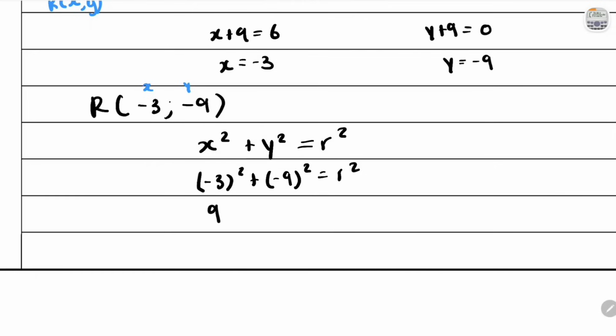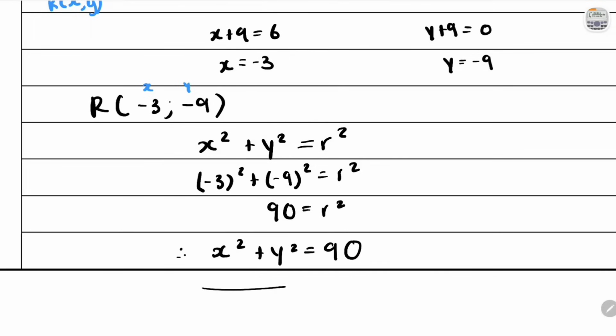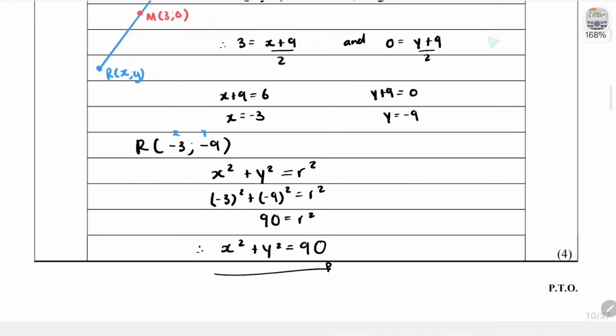So 3 squared is 9 plus negative 9 squared, or 9 squared, is 81. So you see that that gives us 90. So we can just say 90 equals r squared. Therefore, the equation of this circle is simply x squared plus y squared is equal to 90. And that is our answer.